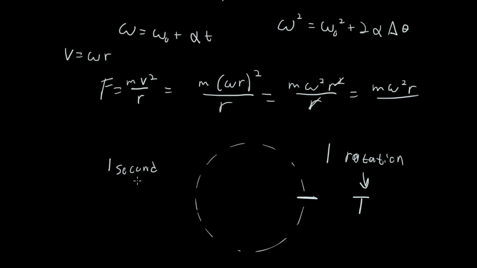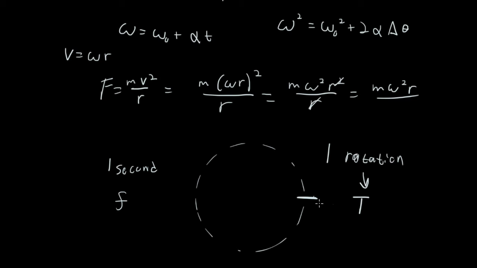Now this is going to be really useful for when we have things that are moving very quickly, like sound waves, which vibrate back and forth. When I pluck a guitar string, it's going to move back and forth. And if I had to say how many seconds between each oscillation of that sound wave, it would be a very small number. So we can say how many cycles per second. And when we do that, we get a concept called frequency.